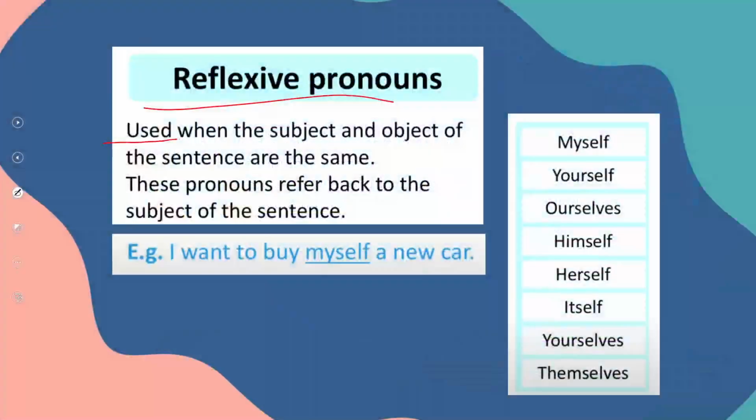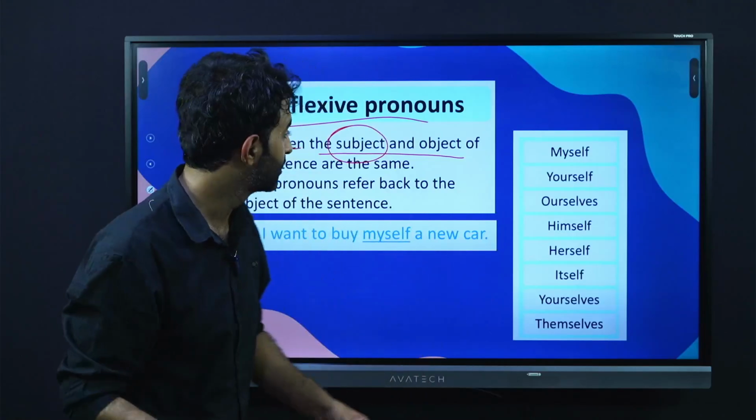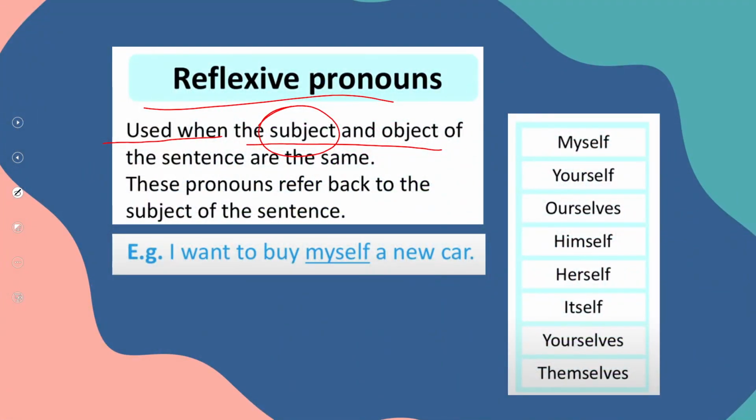So it is used when the subject and object, both the subject who is doing the action and the object on which the action is being done, are the same. These pronouns refer back to the subject of the sentence.